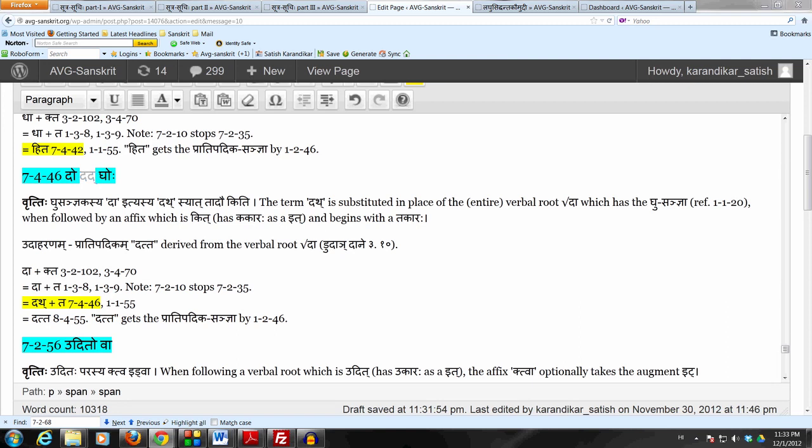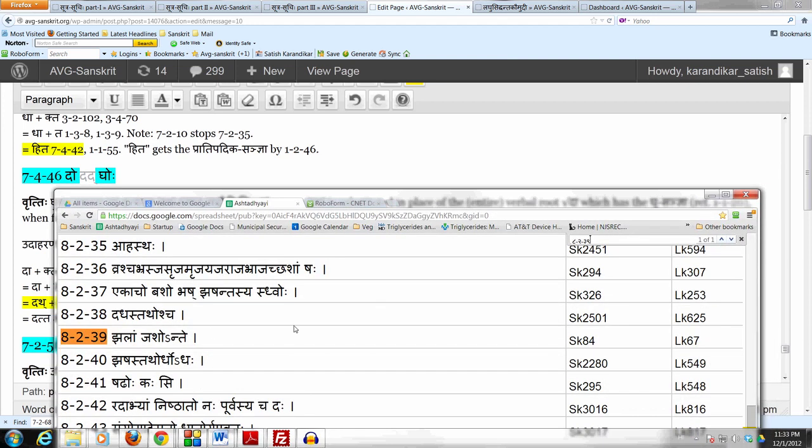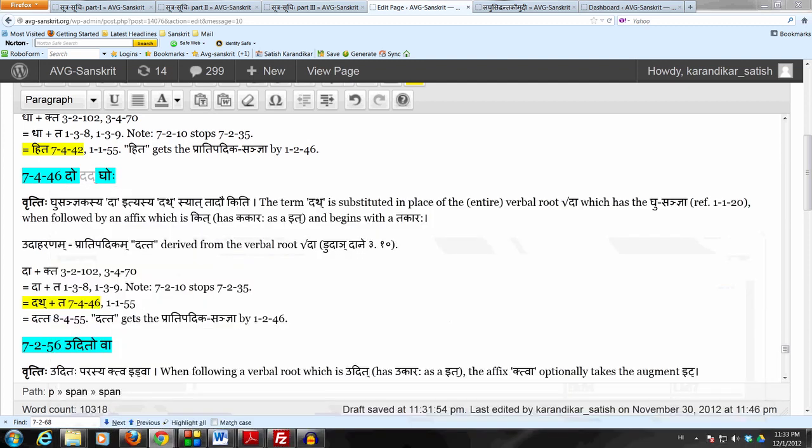So whether we start with any of these, when we do the sandhi operation by Jhalam Jashonte, which is 8 to 39, we get the form dad. So we don't know which one it was before the sandhi operation took place.